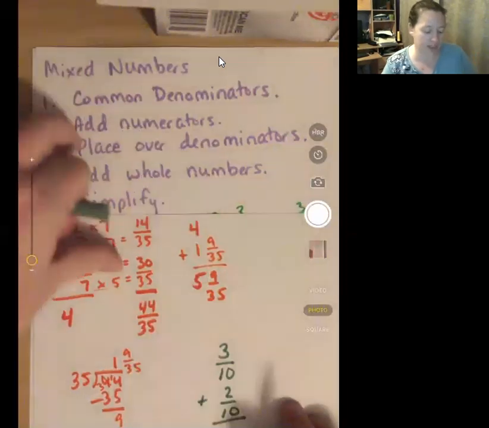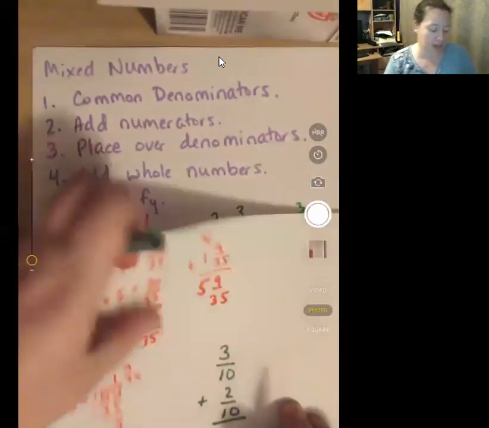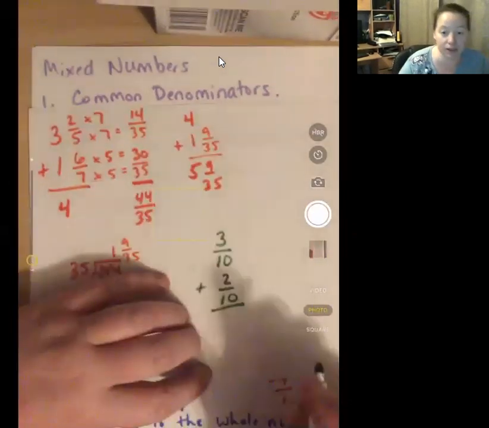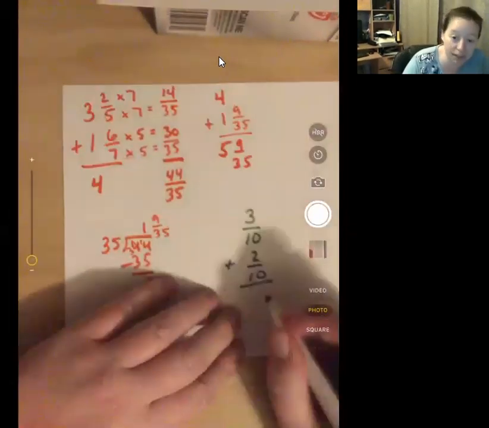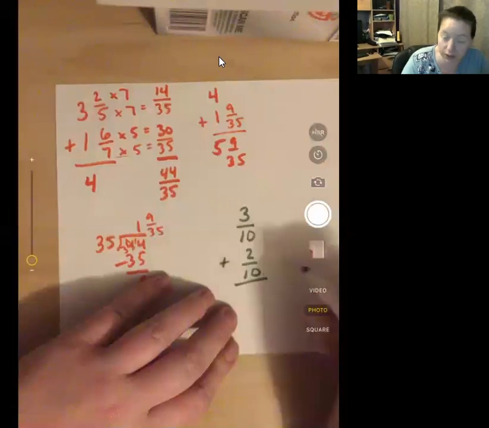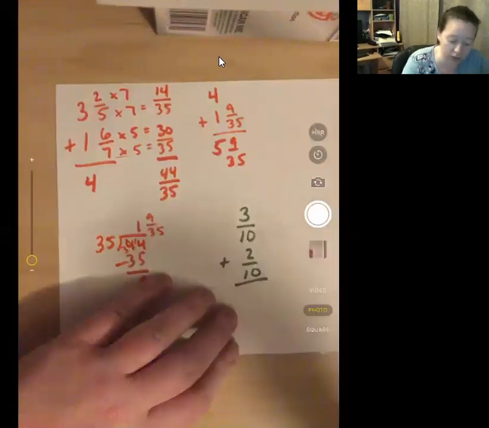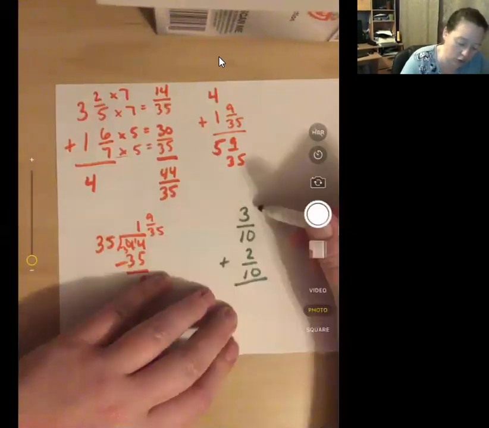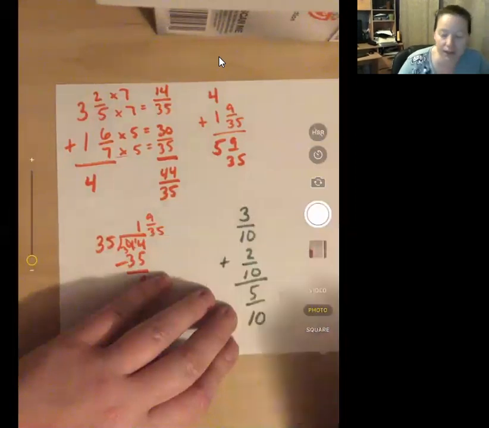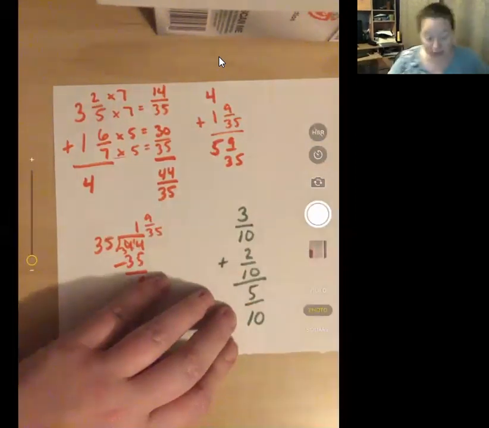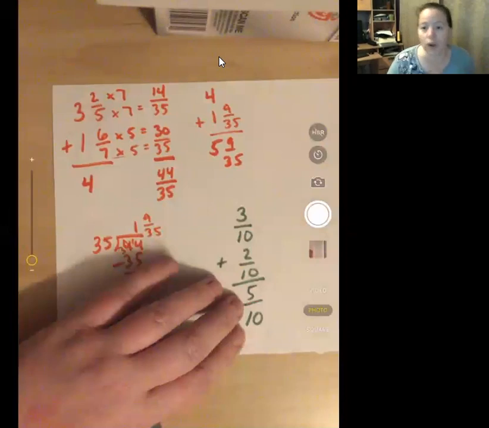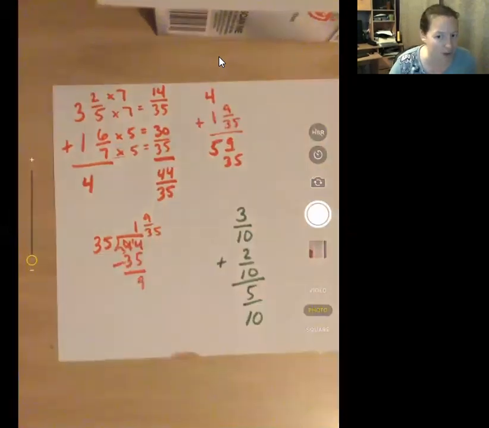Let's say that I have 3/10 plus 2/10. I already have common denominators. That's perfectly fine. I can move on to the next part, just adding the numerators. 3 plus 2 is 5/10. Now, this is the kind of simplification where I know there's a number I can take out of it.